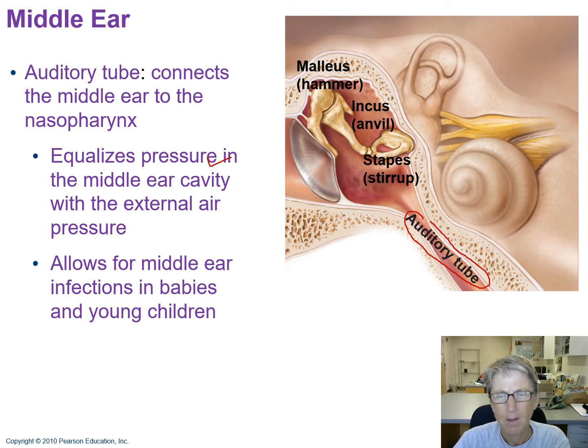And because this auditory tube in babies and young kids has a certain angle, babies and young children are more likely to get a middle ear infection. So the infectious material can move up the auditory tube and into the middle ear.